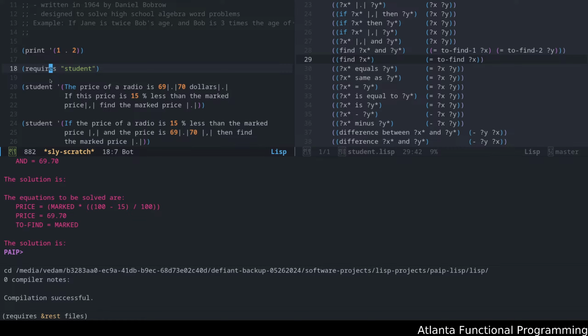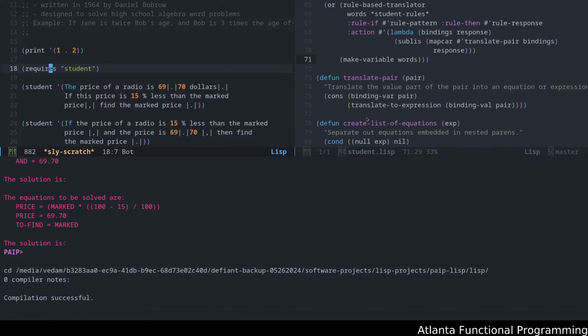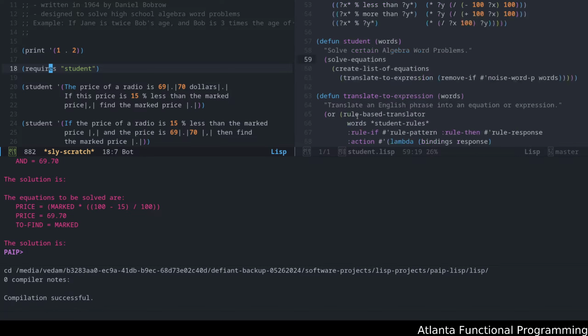Okay. So what we're going to do is try and see how this rule book is getting translated, and we can go through the list of rules.